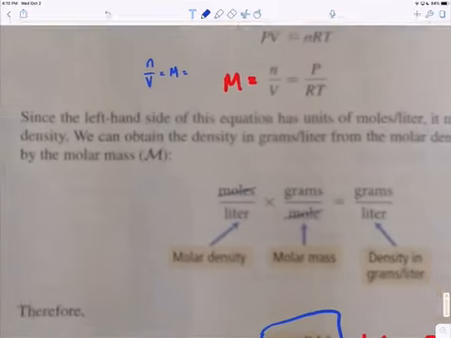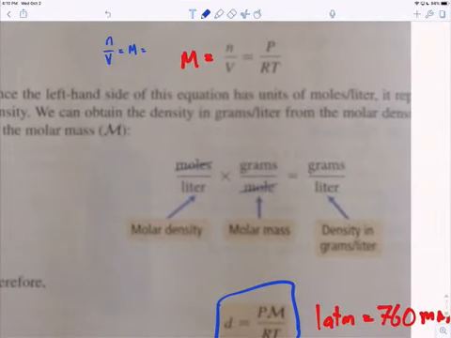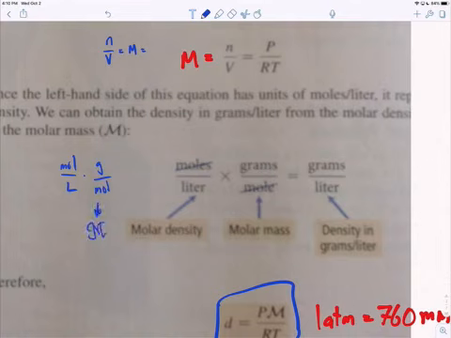And if we take n over V, which is moles per liter, and multiply this by grams per mole, which is the molar mass, the molecular weight, I'm going to call this a fancy M, and the units become grams per liter.